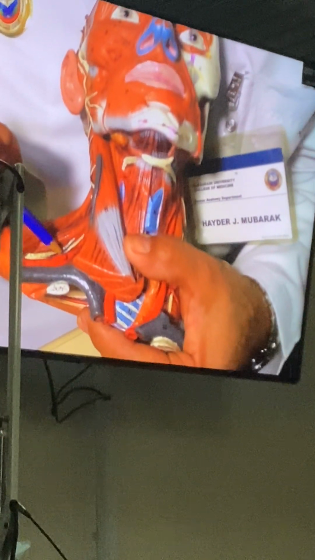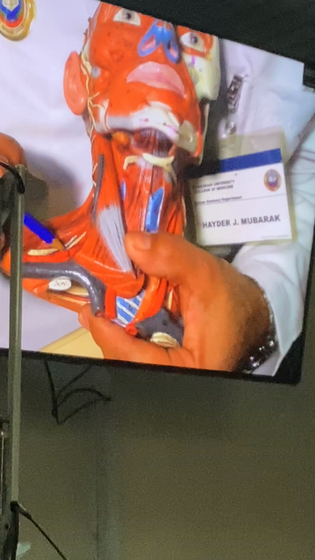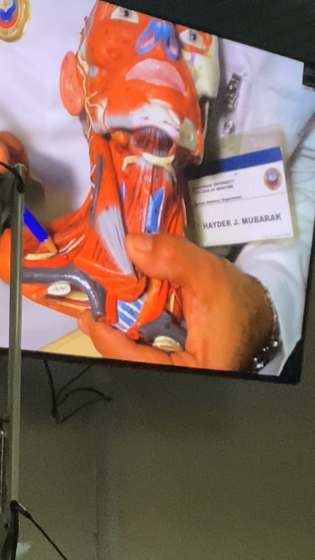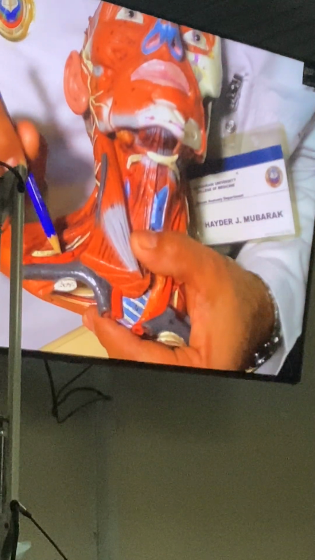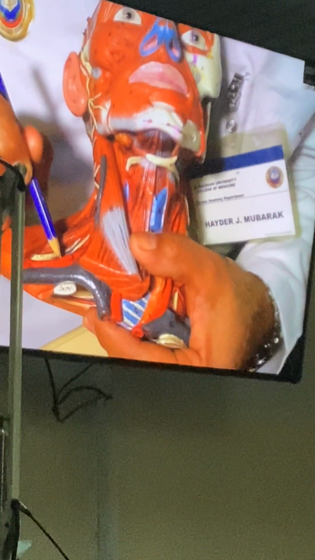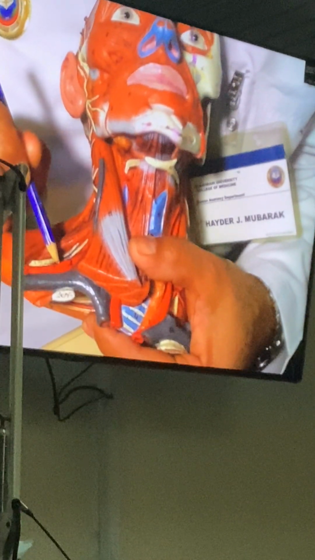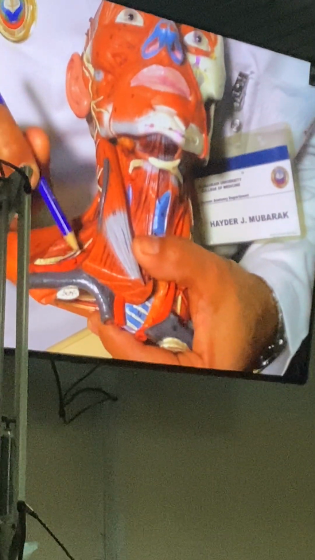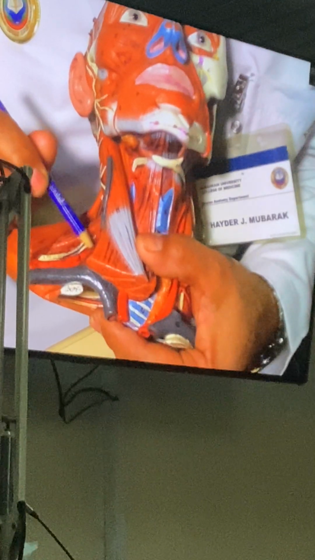These are the trunks of the brachial plexus. And anterior to the trunks of the brachial plexus, this is the subclavian artery. You can see that the subclavian artery is covered anteriorly by this muscle.